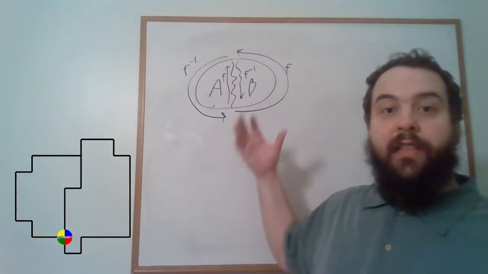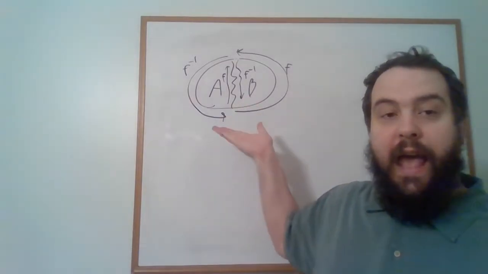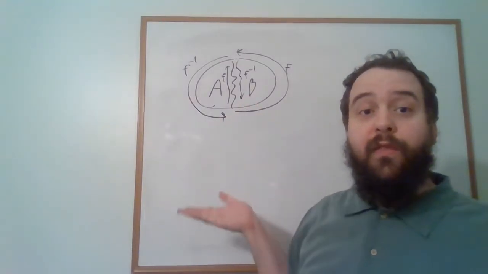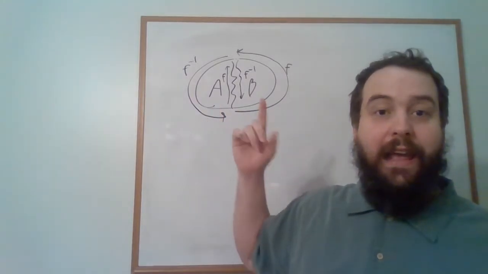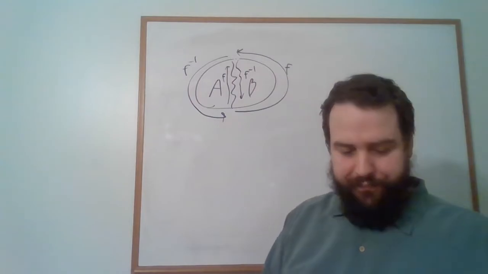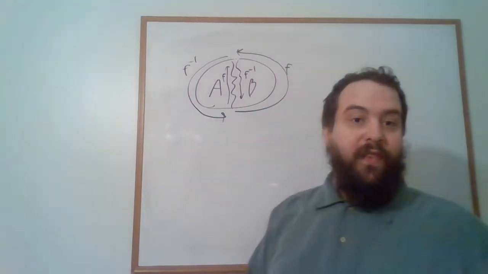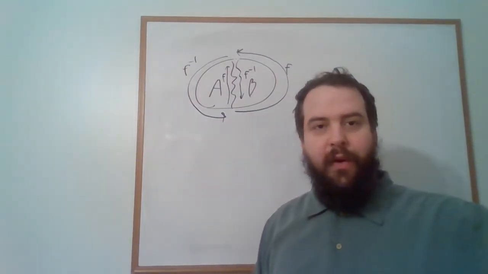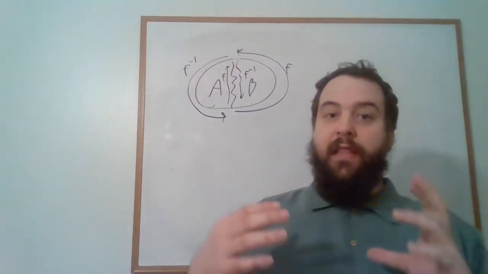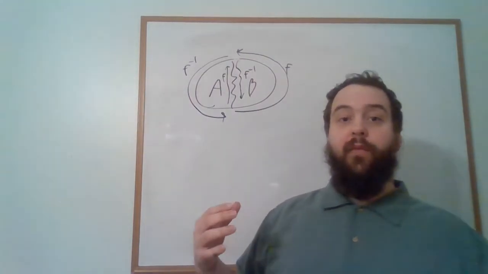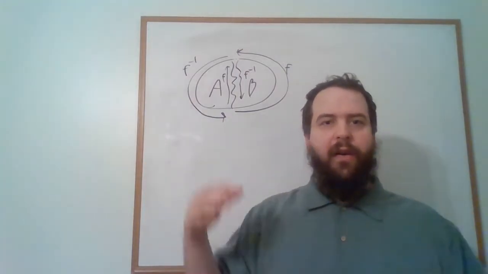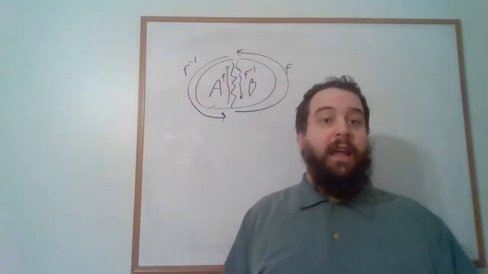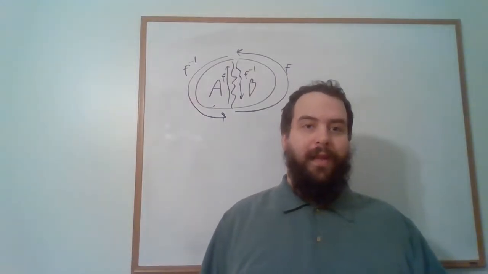In other words, the combined area, A unioned with B, is also going to be rollable, again, provided our assumptions that A and B were rollable. So this fact allows us to say that any region that can be built up out of rollable regions by joining them together along some common boundary is also going to be rollable.